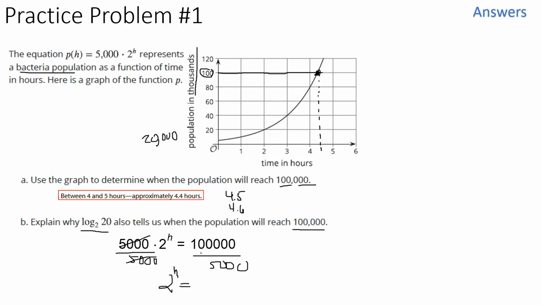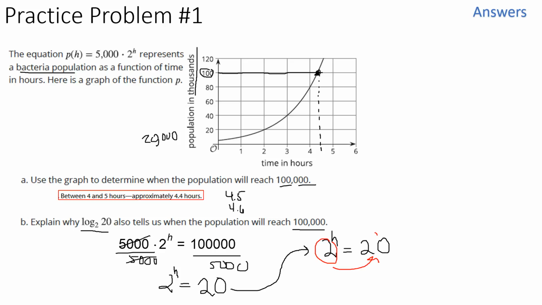Now, in order for us to be able to solve this exponential equation, I need to convert it into a log. And one more time, remember that this is our base, this is the inside of the log, and this is what my log is equal to, right?